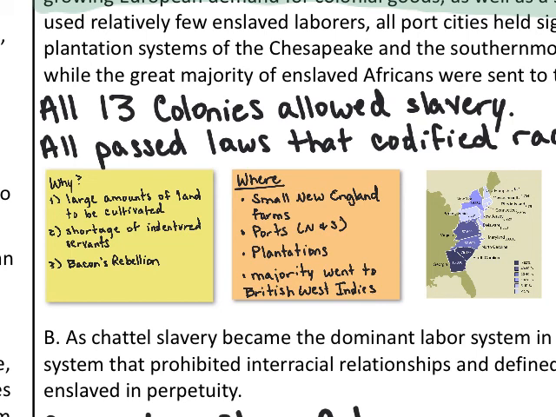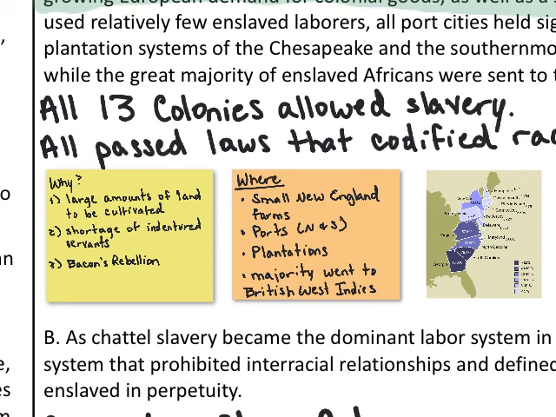It was in ports, in port cities throughout the North and the South. It was on plantations. And the majority of the Africans that were enslaved were brought to the British West Indies. That's where the majority were brought to work in the sugar plantations and work in the sugar trade.